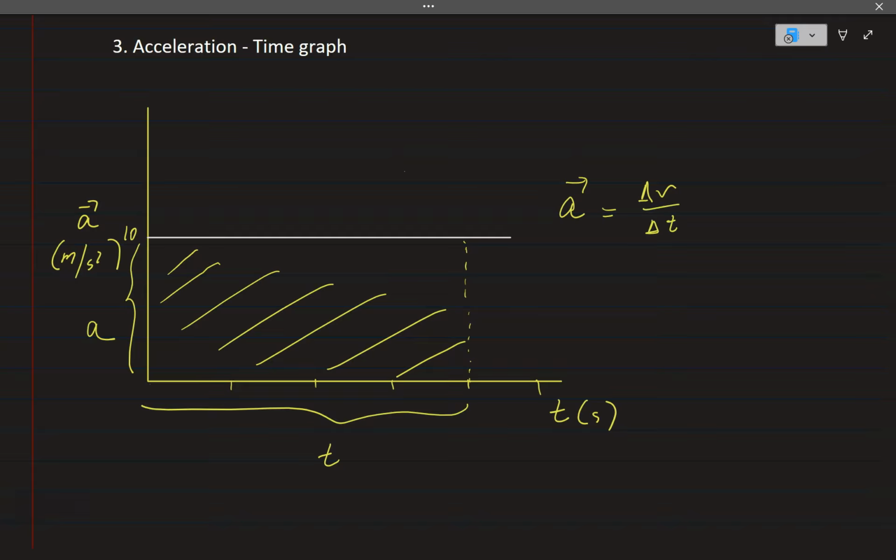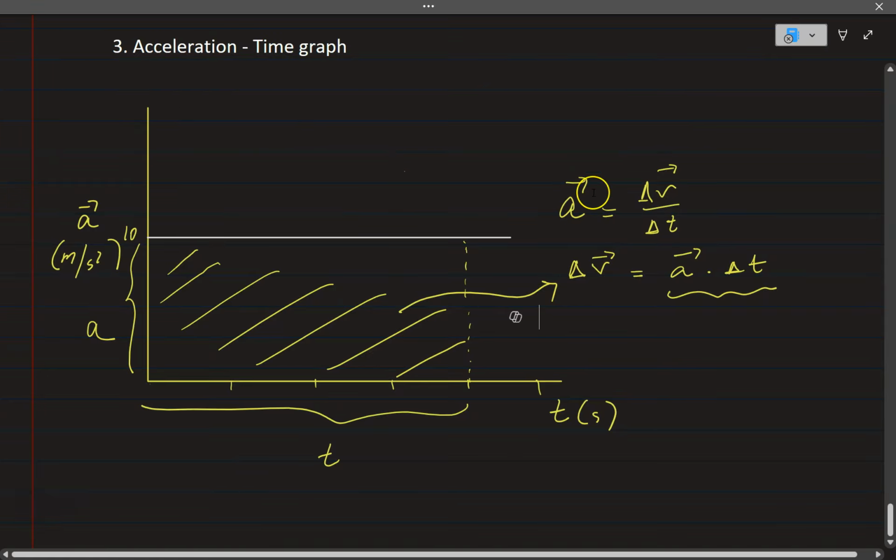If you rewrite this, delta v is equal to acceleration times delta t. Well, here it is. This area right there is your delta v, but depending on the question or the context, it could be a final velocity or it could be the actual delta v. You have to pay attention to that. Simple as that, not complicated. Just stick with the very simple, basic parent equation for acceleration to analyze the acceleration time graph.